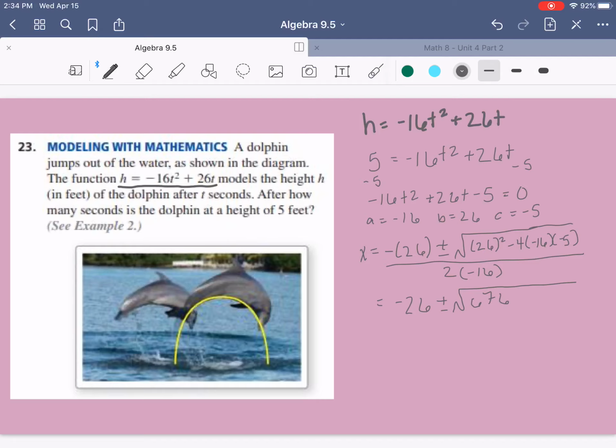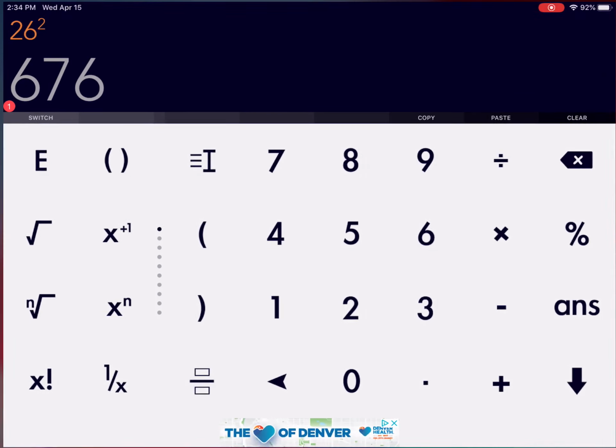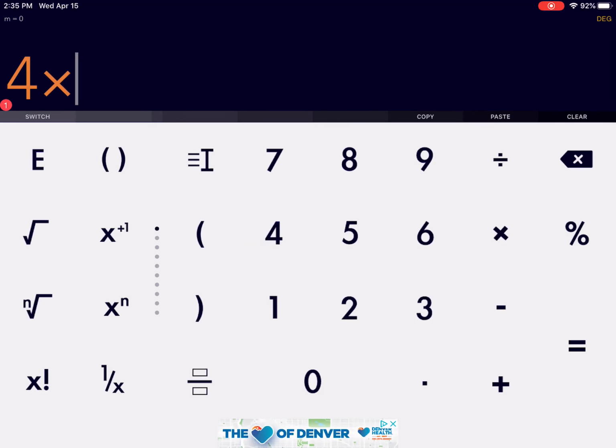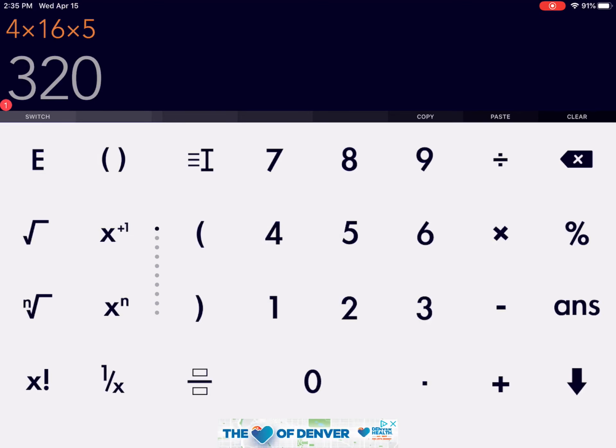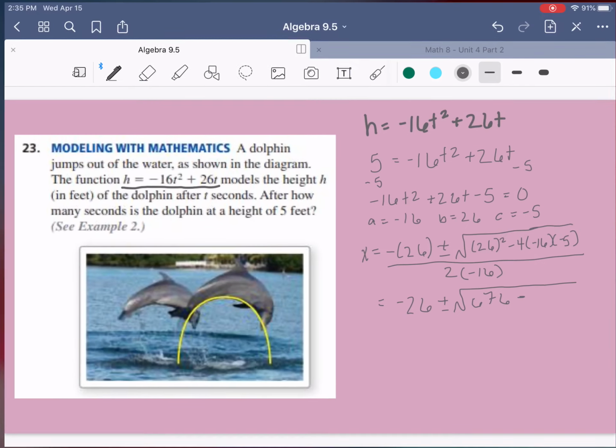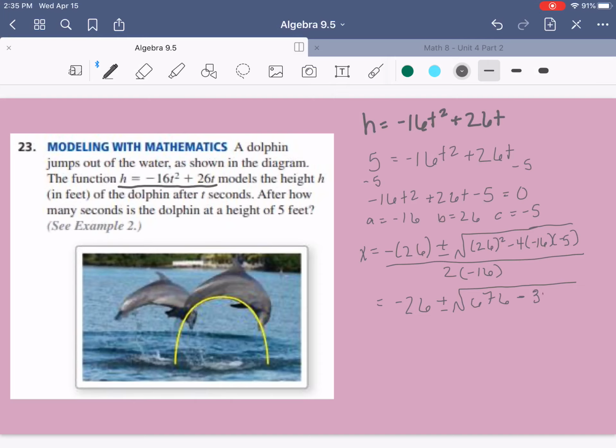Then I'll have a negative times a negative times a negative, so this is going to end up being negative. So 4 times 16 times 5, 320, and 2 times negative 16 is negative 32.